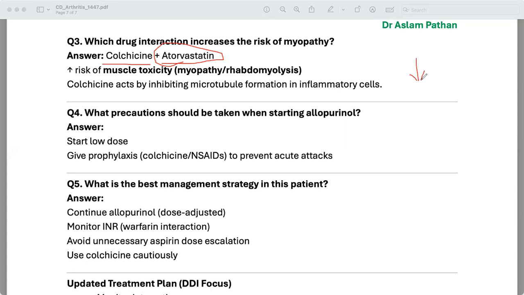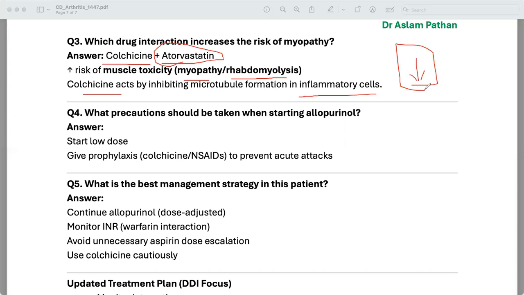If these two drugs are combined, it will increase the risk of muscle toxicity, myopathy, or rhabdomyolysis. And remember, colchicine acts by inhibiting microtubule formation in inflammatory cells and reduces the inflammation in gout. So if the patient on colchicine therapy is taking atorvastatin, the adverse effect is myopathy, pain in the muscle.